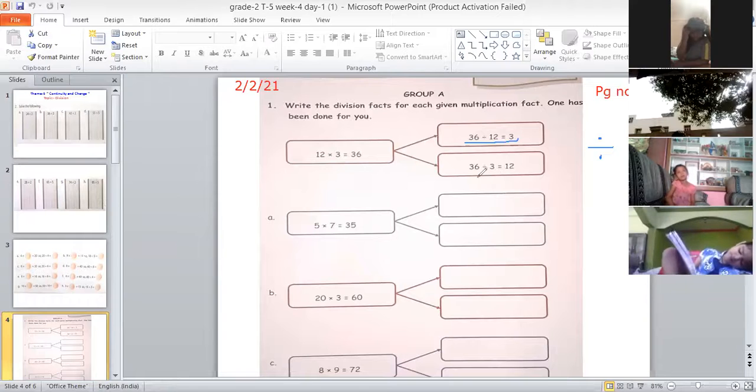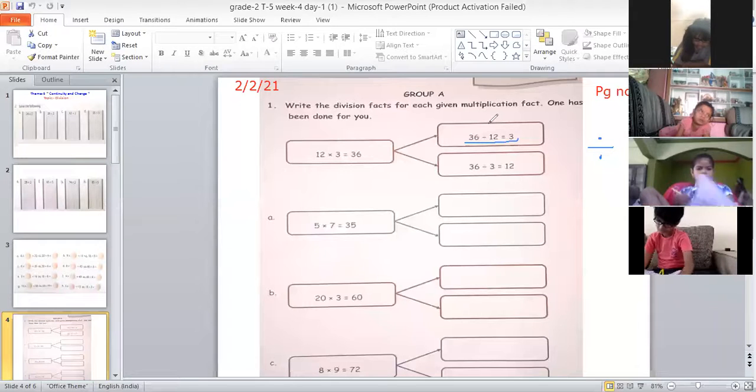Okay, next one. 36 divided by 3. No, Devansh, not plus. 36 divided by 3 equals 12. Yes, so this is 36 divided by 3 is equal to 12. Thank you, Devansh. Thanks for reading.